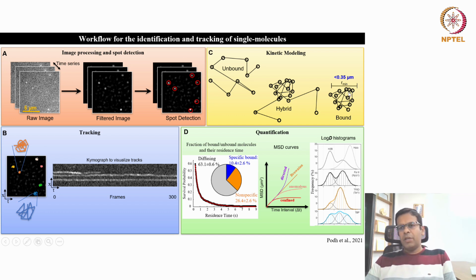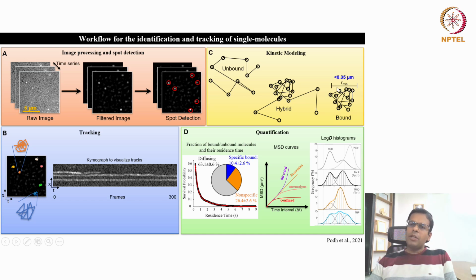And once the trajectory is made, we have to define whether this trajectory is for a bound molecule or an unbound molecule. So how can you define whether the trajectory is for a bound or unbound molecule? If your protein or this spot moves less than this distance of 0.35 micrometer, that we call the R mean distance.